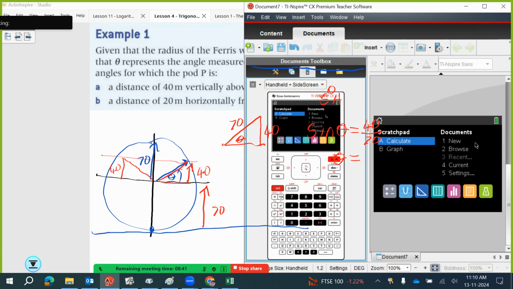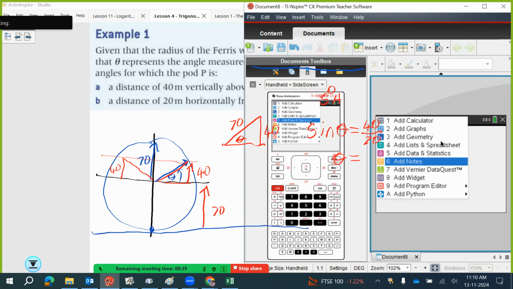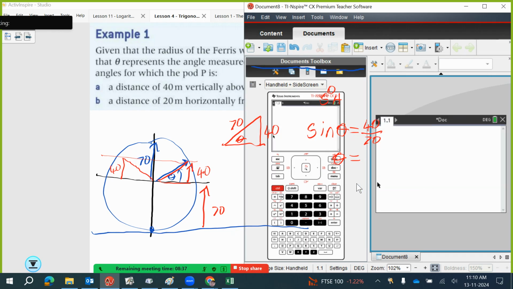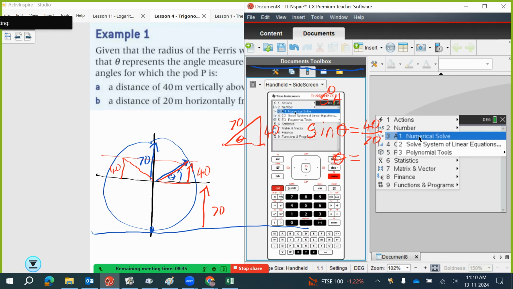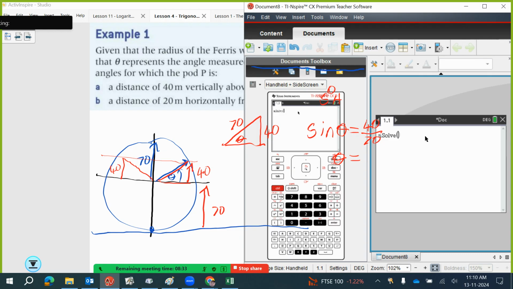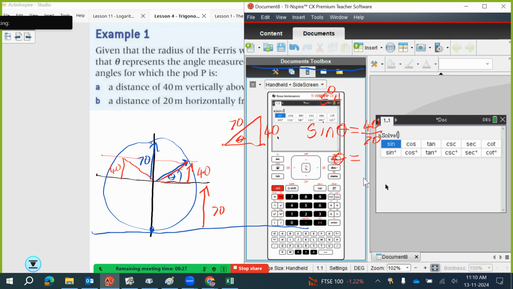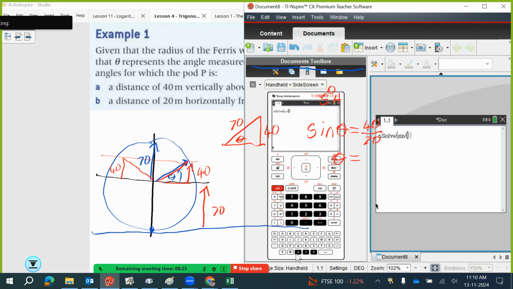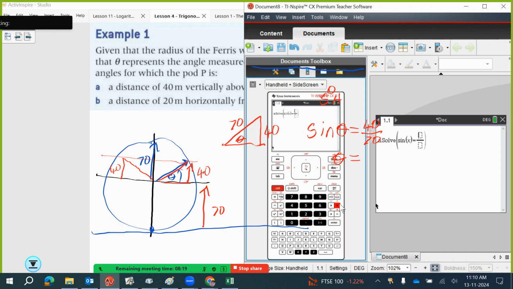So on our calculator, we just need to do a quick calculation. We do menu, algebra, NSOLVE, and we want sine of x is equal to, control divide, 40 over 70.